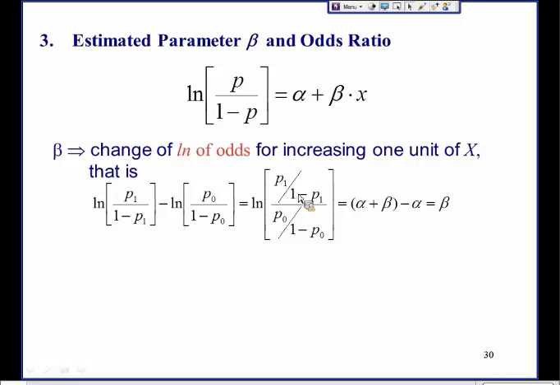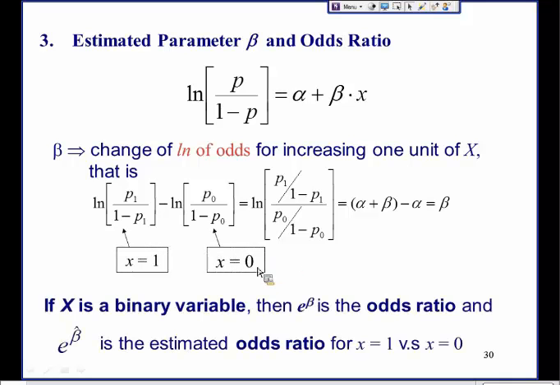And the log of odds ratio actually gives you what? The beta, which is really the coefficient we estimate. If I take the exponential function of both sides, okay, then you get the odds ratio is equal to the exponential function of beta, okay, which means if you want to get the odds ratio, once you have beta, just take the exponential function of beta, you get the odds ratio, okay?